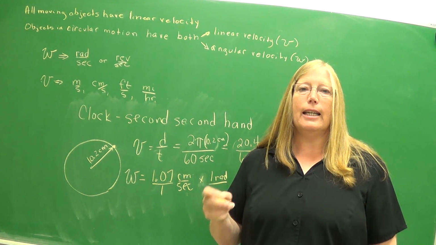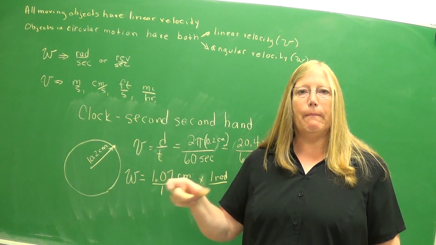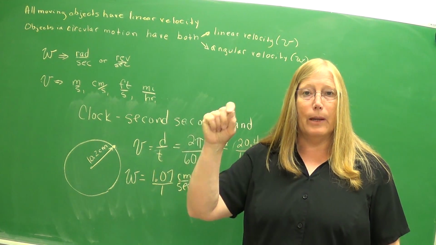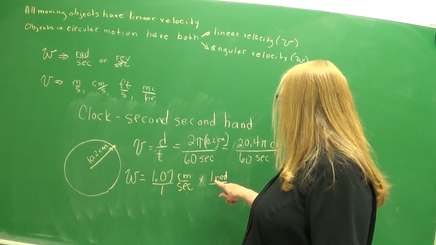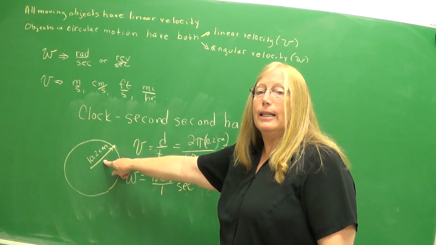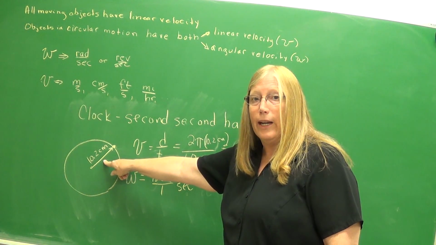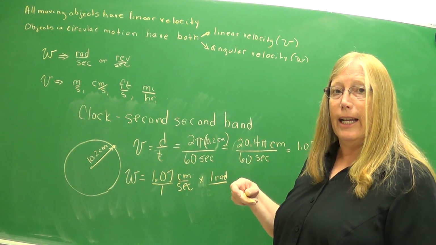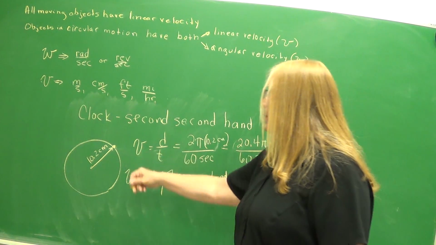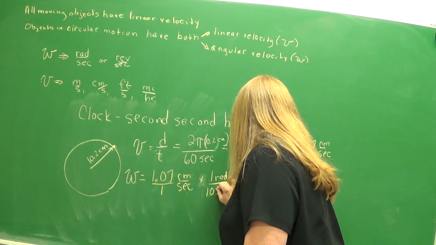A radius is simply picked up and put on the circumference of the circle, but it is the same in distance. So 1 radian in this problem is 1 radius. The lengths are interchangeable for radius and radian, 10.2 centimeters.